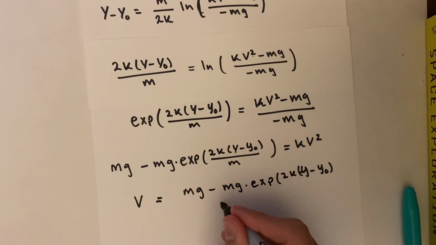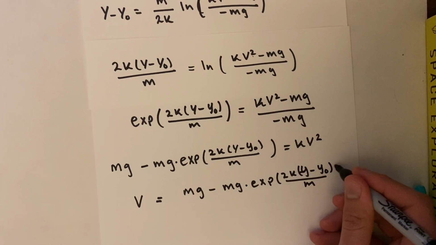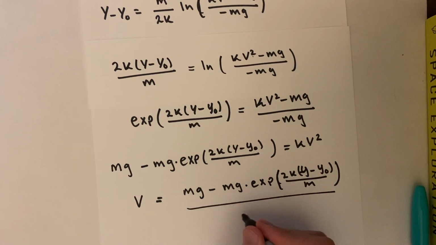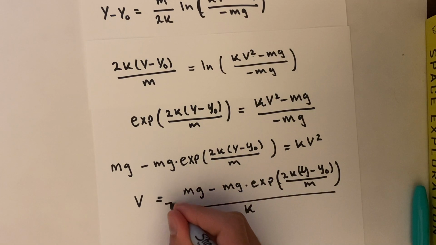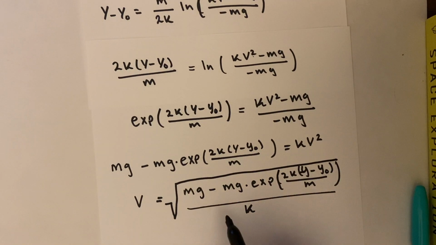That's not a negative, it's just a typo. Now if you want to simplify it even further, if you want to plot or graph it, you could take out the mg, and you would have negative 1 plus the exponential, or you could multiply by negative 1 and have 1 minus the exponential.